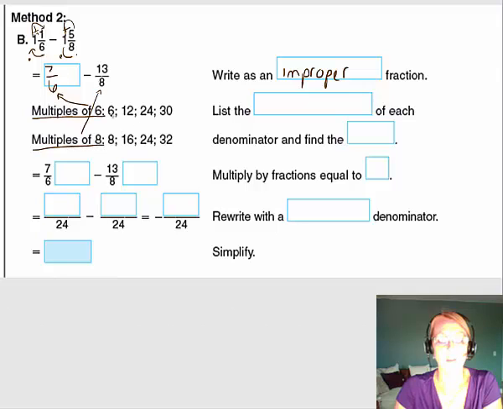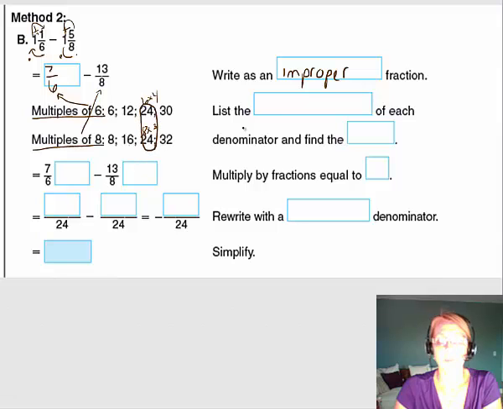When we look at the multiples, 6 times 1, 6 times 2, 6 times 3, etc. 8 times 1, 8 times 2, 8 times 3, etc. We notice that 6 times 4 is 24, and 8 times 3 is 24.